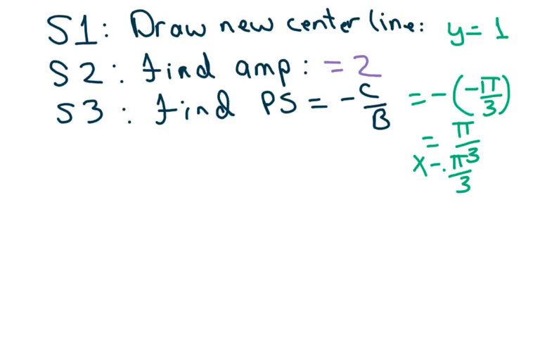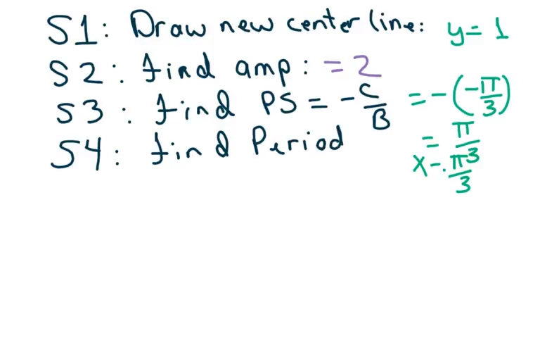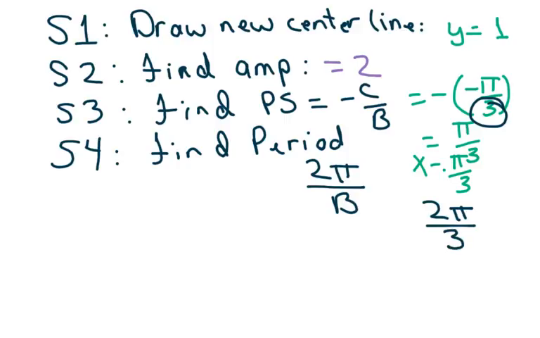Step 4, I have to find the period. The period is 2 pi over b. I already noticed my b is 3, so that's 2 pi over 3.